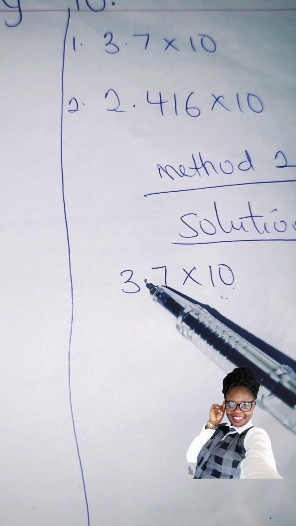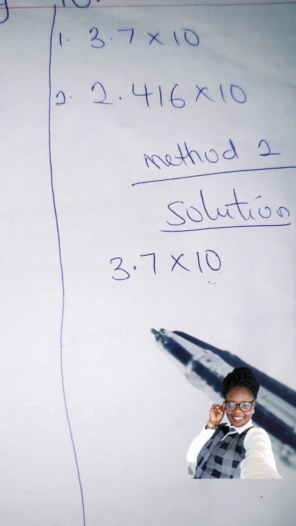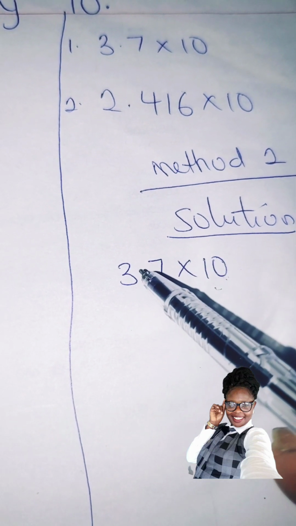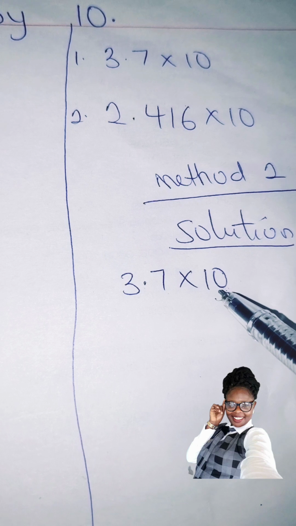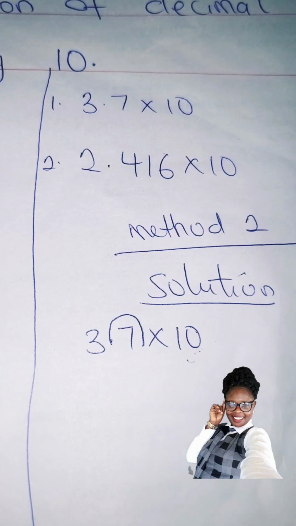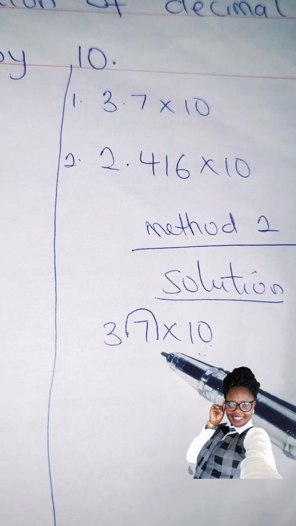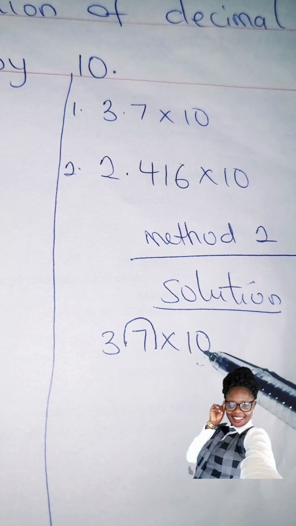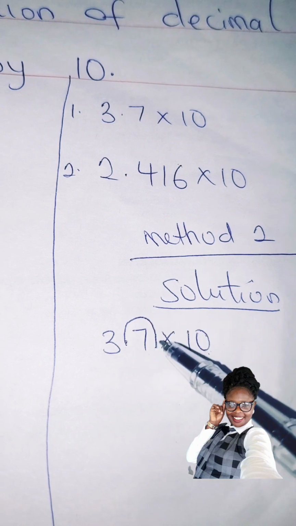Just move this decimal point once to the right. Move it to the right once, because this 0 is just 1. And here it is. I've moved this decimal point once because 10 has 1 zero.